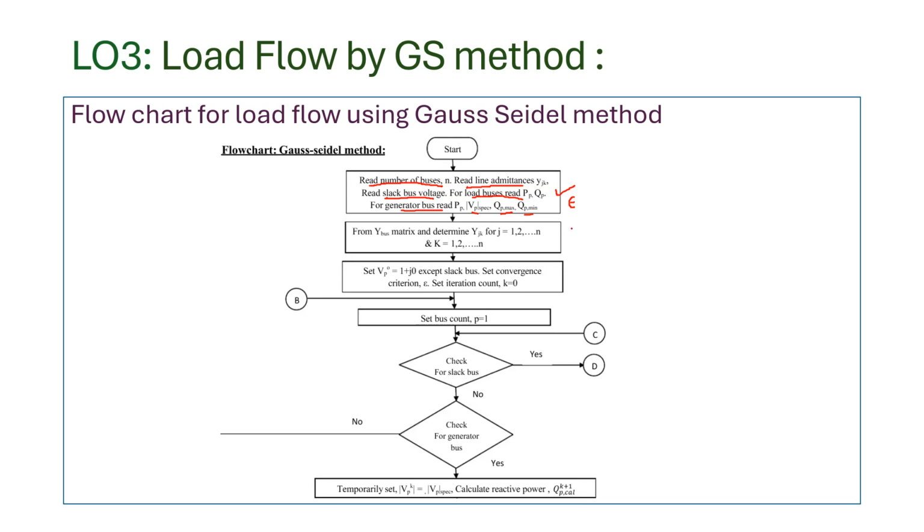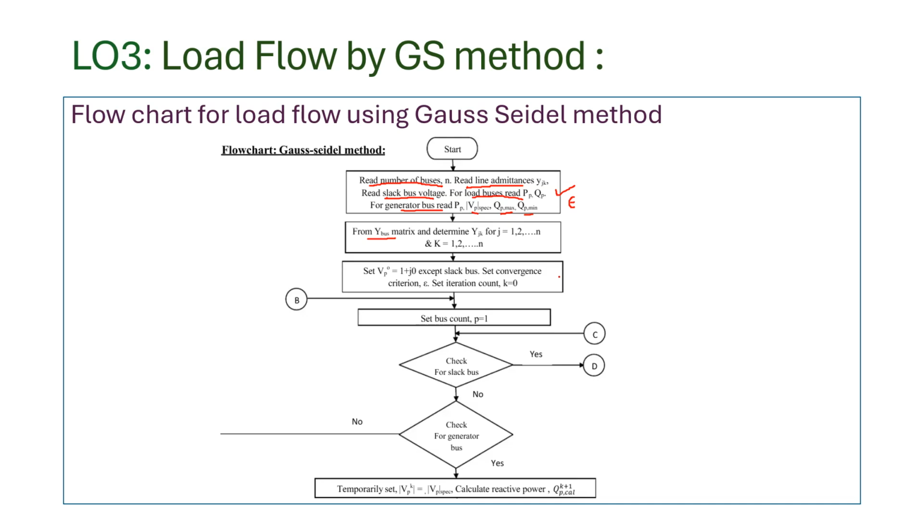That also we can take as an input initially. The next step, after reading all the data of the system, is to form the Y bus. This Y bus can be formed either by the inspection method or by the singular transformation method. But the Y bus inspection method will not be applicable if there is a mutual admittance between the transmission lines.